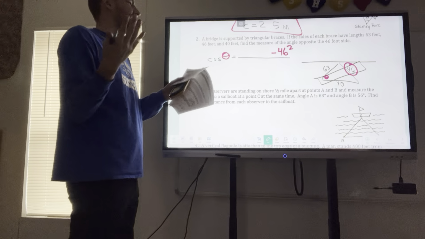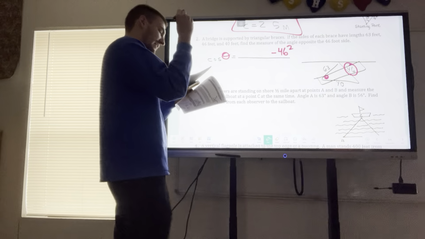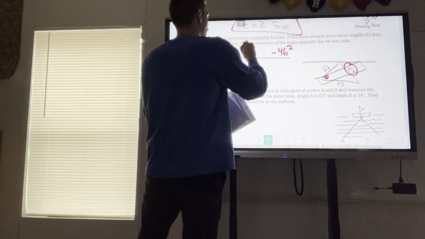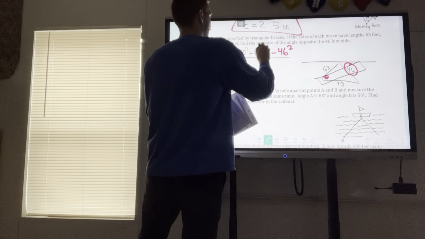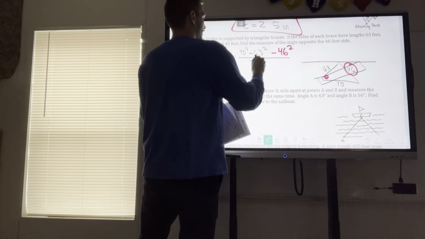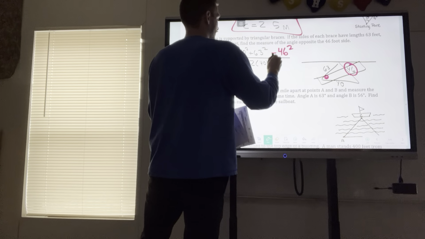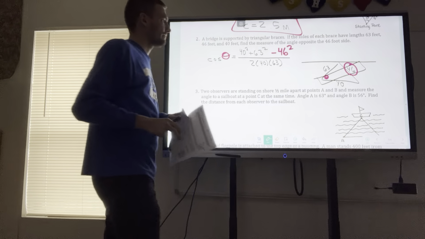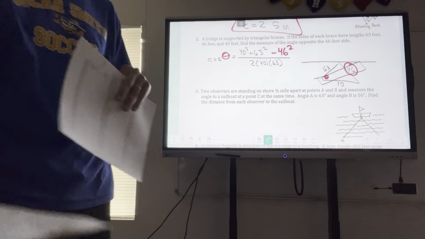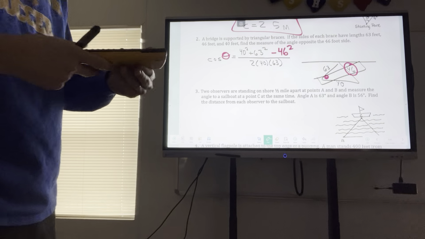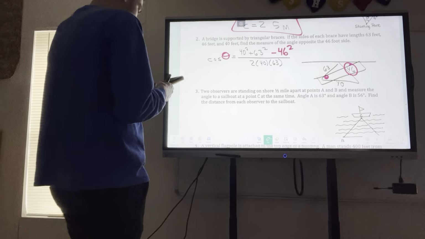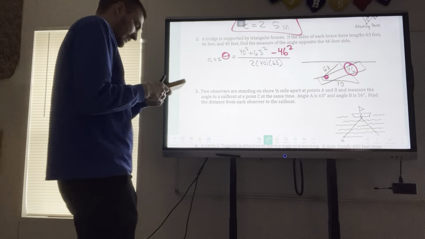It says a squared, maybe that's 40 squared plus 63 squared, minus 46 squared on the top, and on the bottom 2 times 40 times 63. I said we didn't need to solve this one, but we're pretty much already there. Second cosine inverse of 40 squared plus 63 squared minus 46 squared over 2 times 40 times 63.